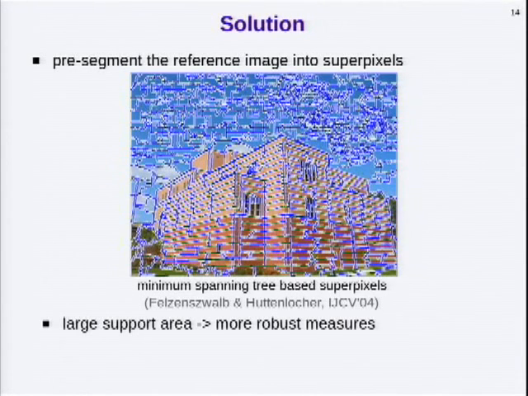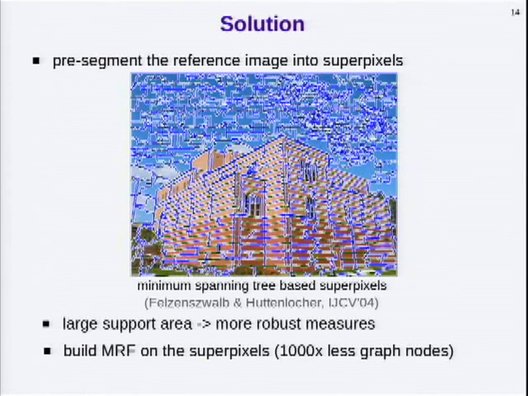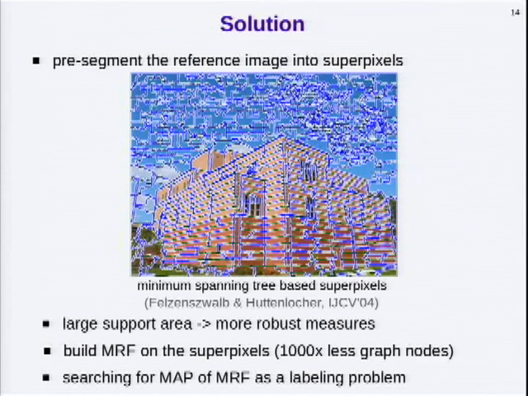So we have a large support area because usually you see the superpixels are quite large. And as we build our graph, as I will show later, in our Markov random field on the superpixels, the computational complexity is much less, by a factor of 1,000 or something.